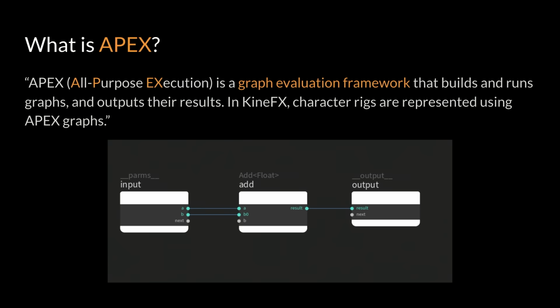Simple enough. Now, here's a graph representing a character rig, but it's the same principle. In the beginning, we have an input node, with many inputs this time. One of those inputs is the character's geometry. Another input could be the character's skeleton. And many other inputs could be vector values representing the translation, rotation, and scaling of the controllers of the rig.